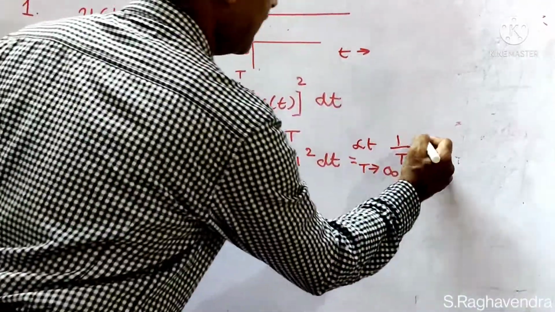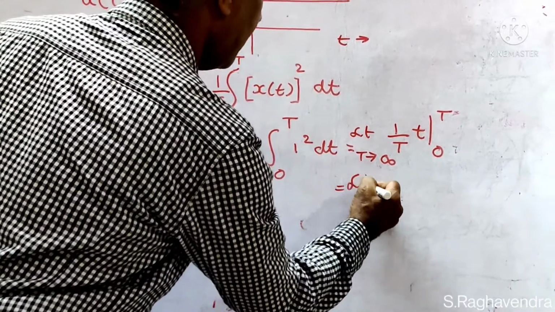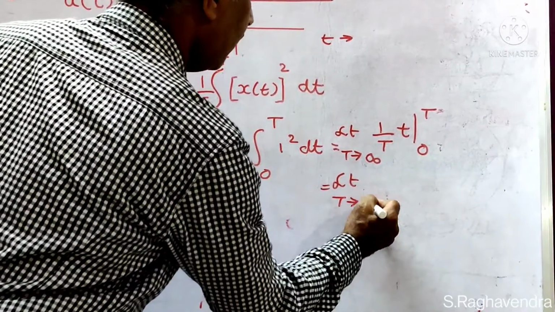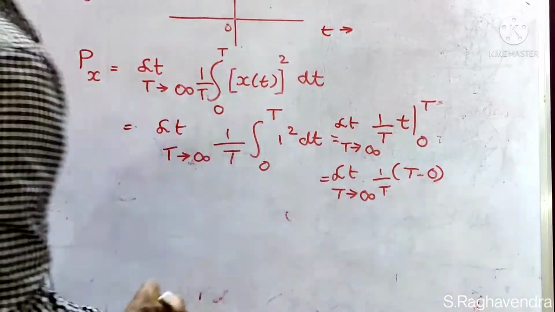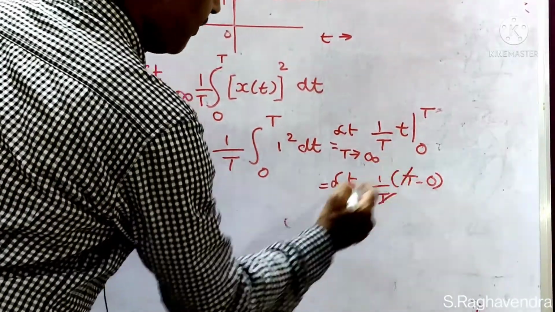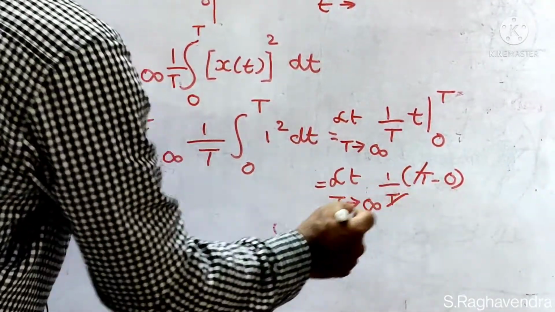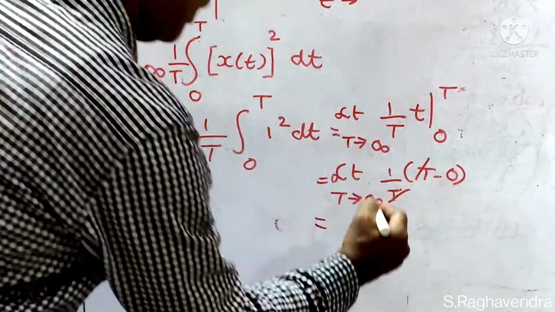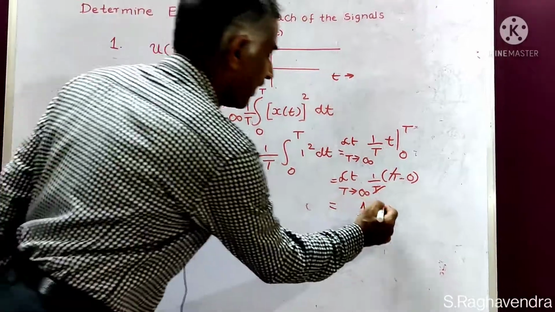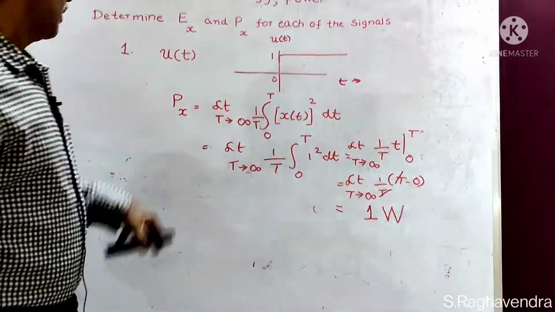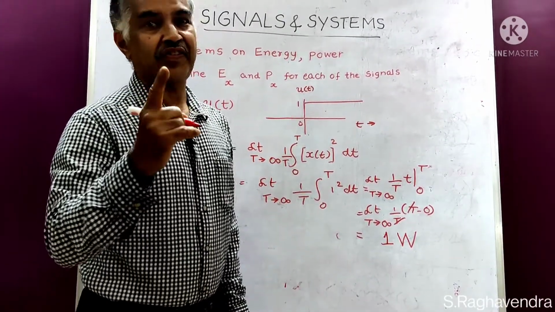The integration of dt is t from 0 to t, equals limit of 1 by t times t minus 0. Therefore t gets cancelled, there is no t term, and it is 1. So power is 1 watt. Px is coming out to be 1 watt. Hence it is a power signal.